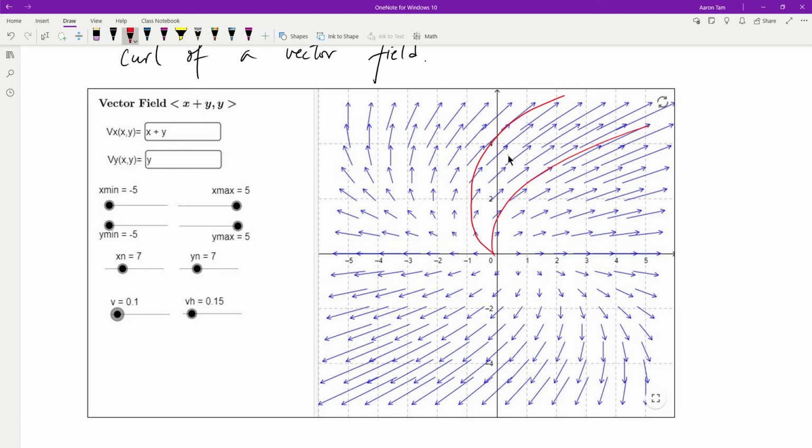Imagine that you have an object like this floating on this vector field. Now if this object actually takes up some room, that would imply that the vector on one end of this object would probably be different than the other end of this object. Granted, they probably are all still going in kind of the same direction, but the problem is that it might not be exactly the same speed.